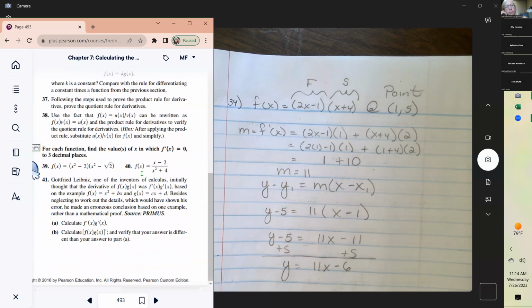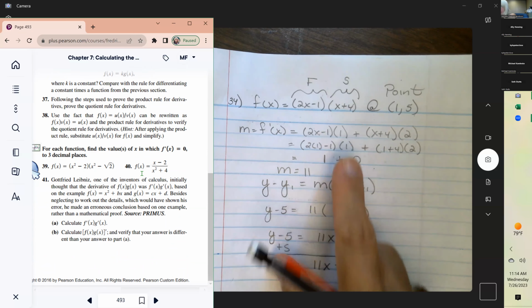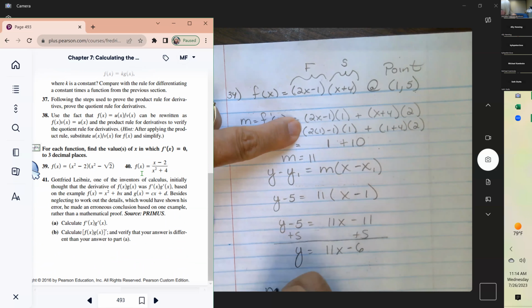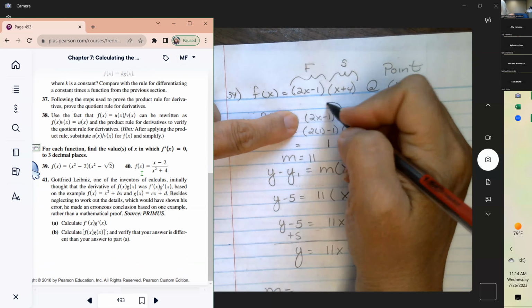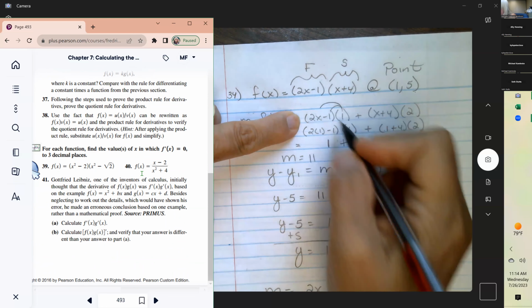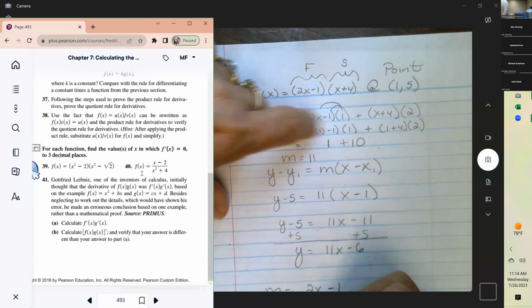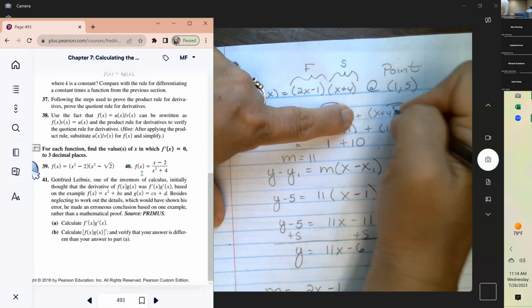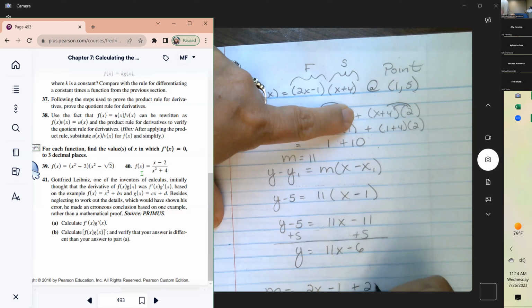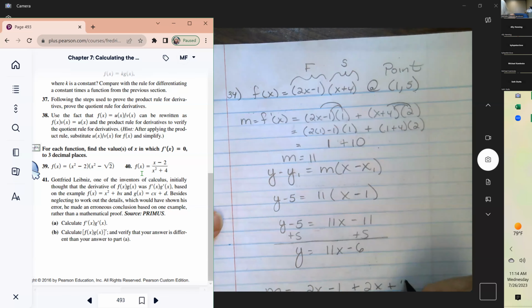Could you show it to where you would simplify 2x minus 1 times 1? So if I was going to simplify, I'd distribute the 1 first. So 1 times 2x is 2x. 1 times a negative 1 is a negative 1. And then here we would distribute the 2. 2 would give us 2x plus 8.